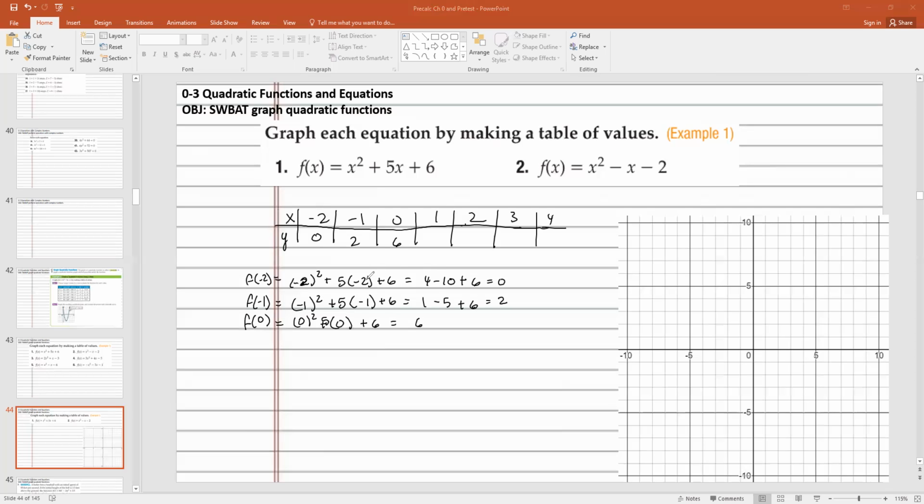And the rest, if you want, you can plug it into Desmos. Now I'm noticing something. Notice how it keeps going up, right? We actually wanted it to go down and then up.